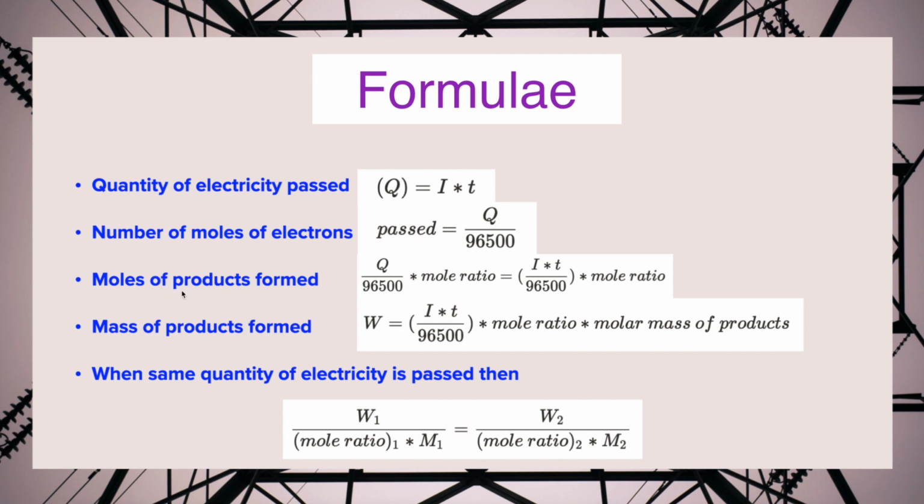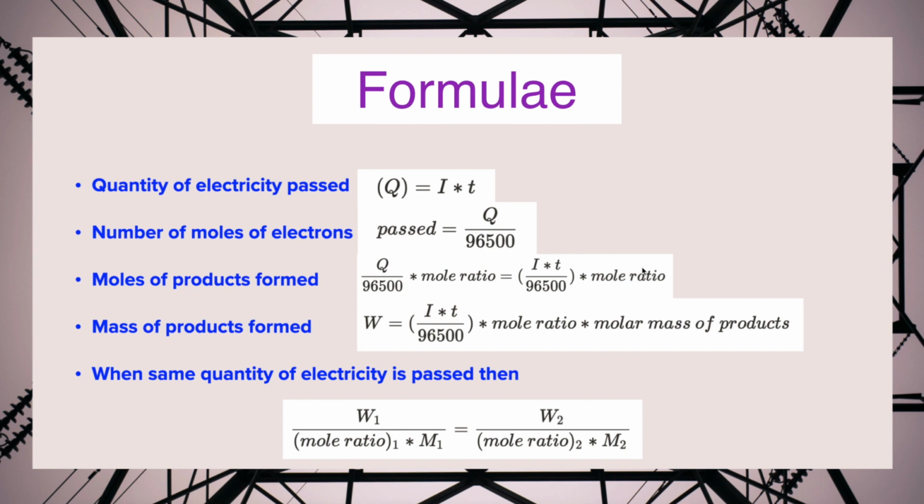Third, moles of products formed. Moles of any product, of any metal or gas, formed at any electrode can be calculated by using the formula Q upon 96500 into mole ratio. Q is given by I into T, so I into T upon 96500 into mole ratio.